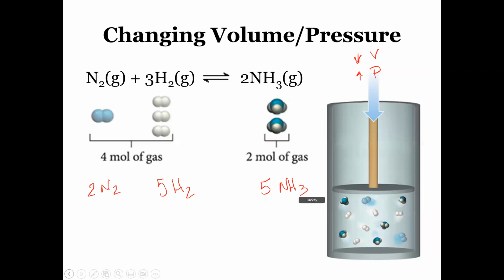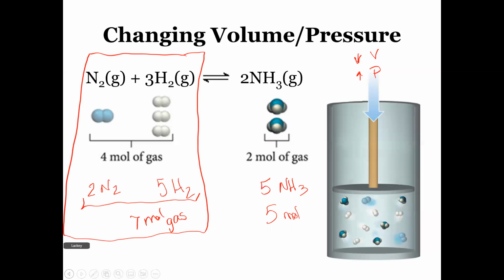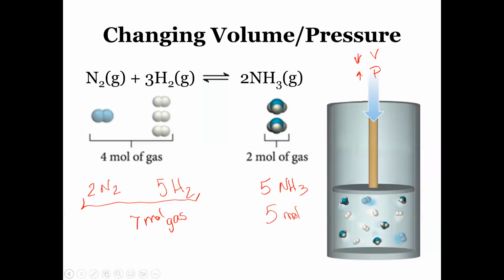So if you notice on our reactant side, we have 7 moles of gas. On our product side, we have 5 moles of gas. Excuse me, I'm going backwards on this.